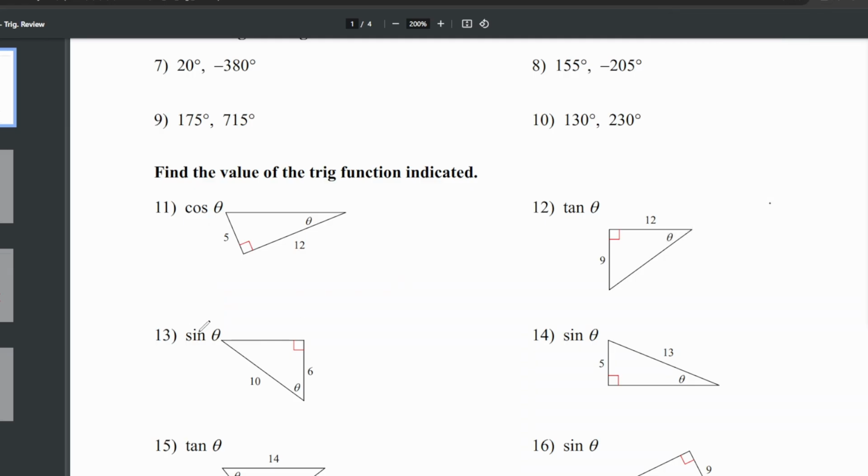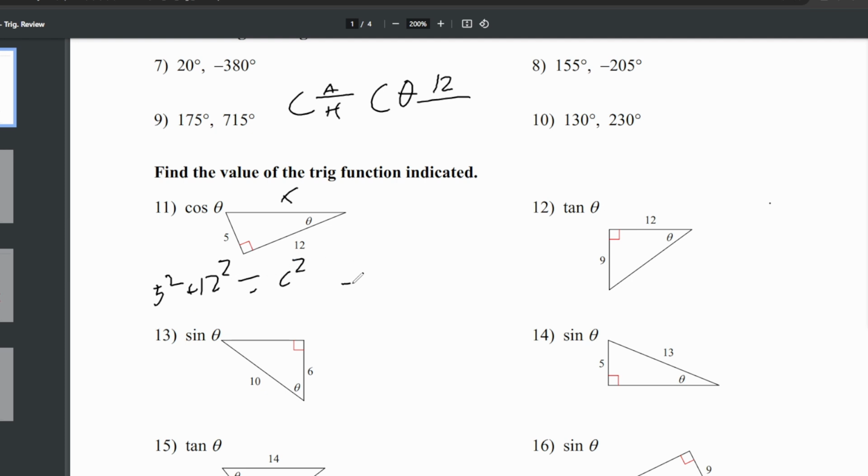Let's take a look at this first one. Cosine. We know that cosine is adjacent over hypotenuse. So cosine of theta would equal 12 over x. We don't know this h, so for this one we could just do the Pythagorean theorem. 5 squared plus 12 squared equals c squared.